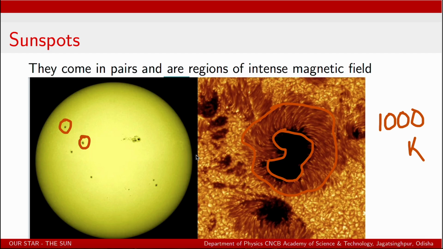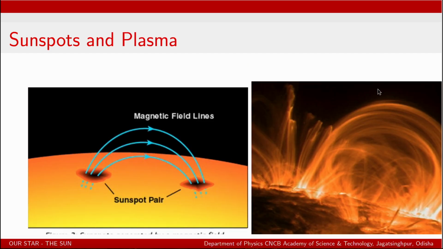We'll go to the next slide and see what the characteristics of sunspots are. Why do we have sunspots? Sunspots come in pairs, and here you can see two sunspots.